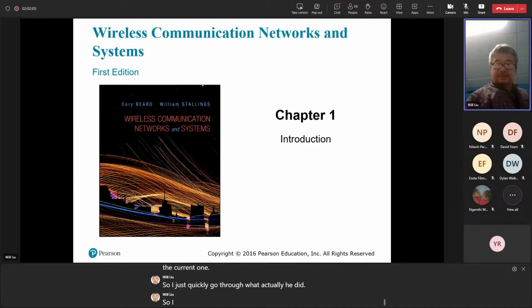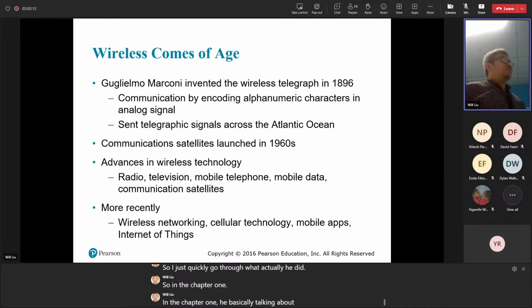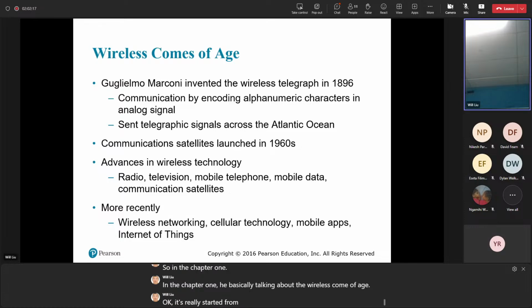In chapter 1, he talks about the various ages. It really starts from Guglielmo Marconi, a very important person in wireless technologies, because he invented the telegraph. The telegraph is very simple. Can you remember how to say it?